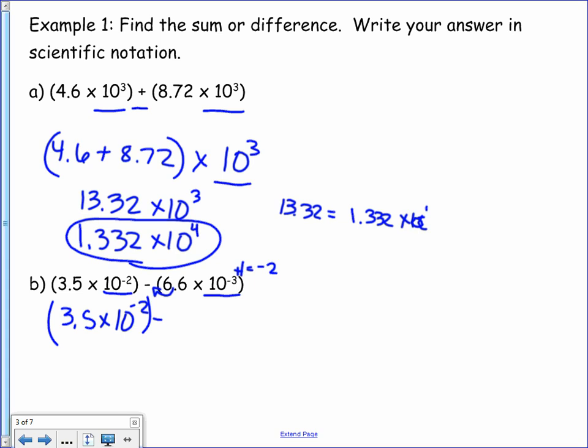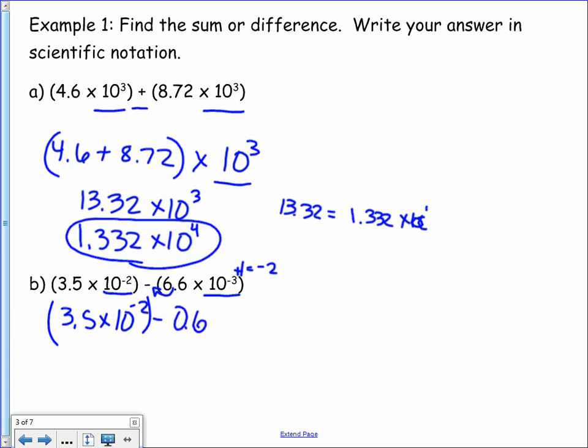Or I could know that 6.6 times 10 to the negative 3, I'd have to move it back 1 place, and then I would have 0.66 times 10 to the negative 2.